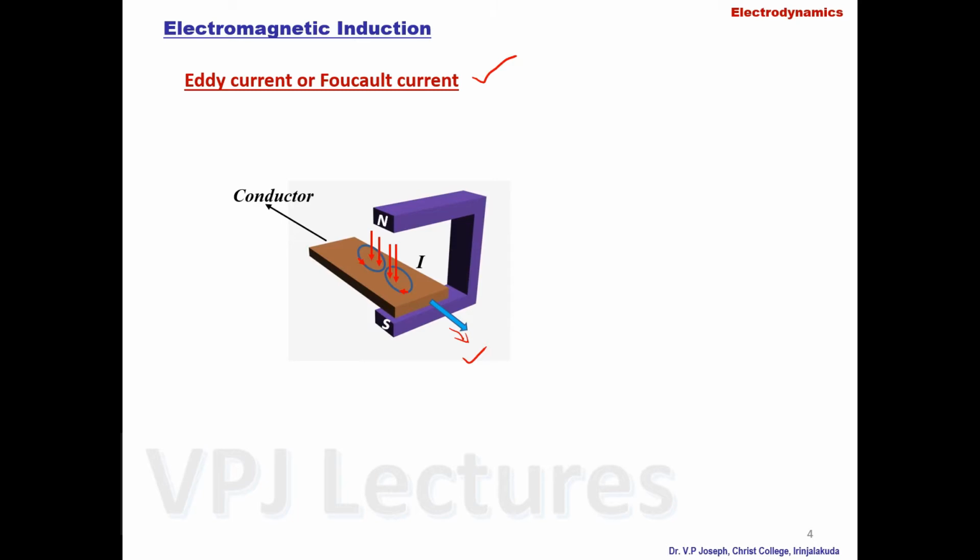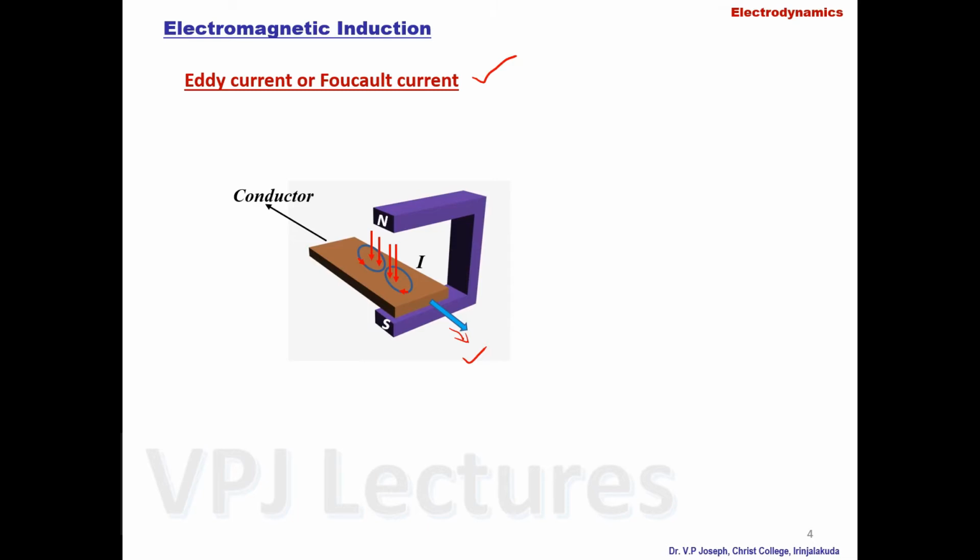So as it comes towards the magnetic field, the conductor produces an opposite magnetic field in order to oppose that change. A circular current generates inside the conductor such that the magnetic field produced is opposite to the direction of the magnetic field.